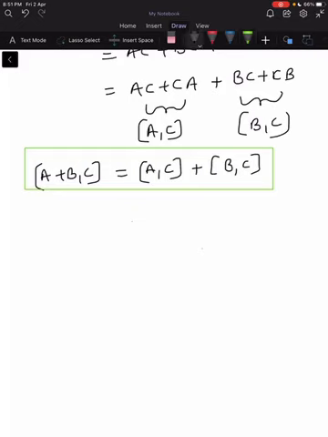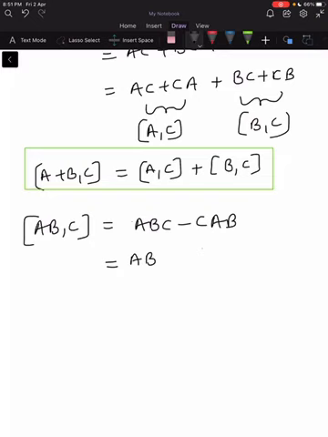Now taking the next identity, the left hand side [ab, c] will be equal to abc - cab.